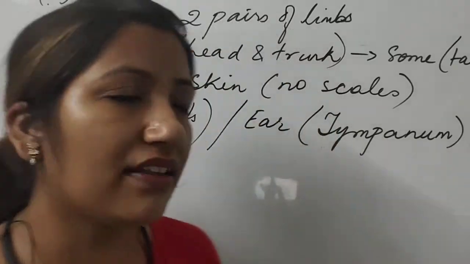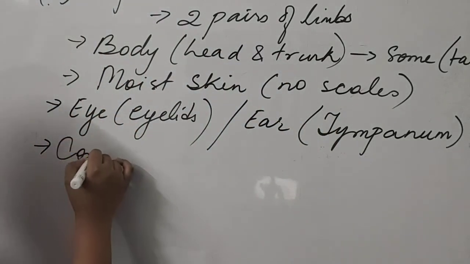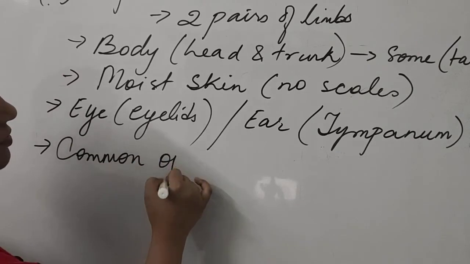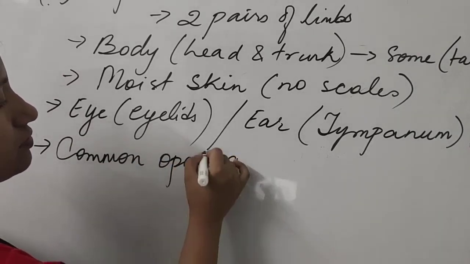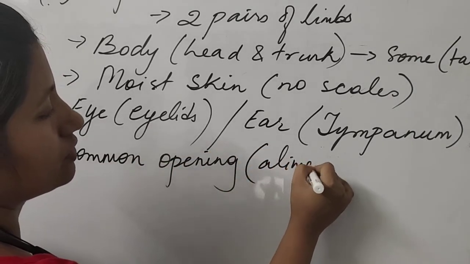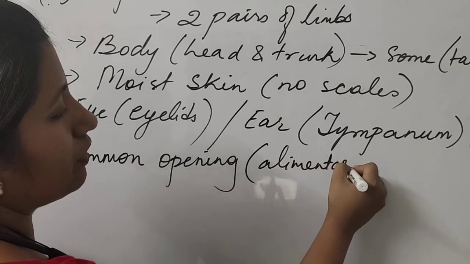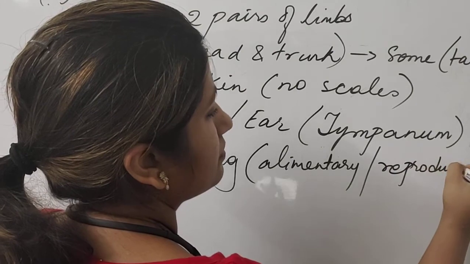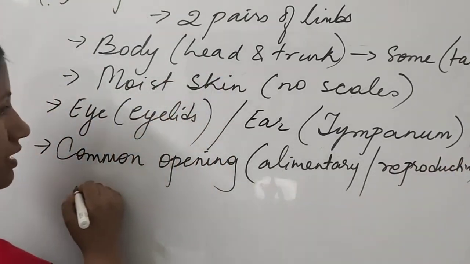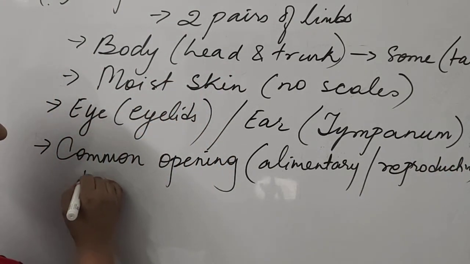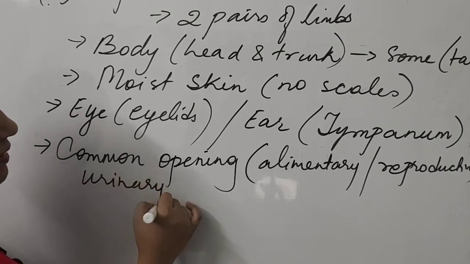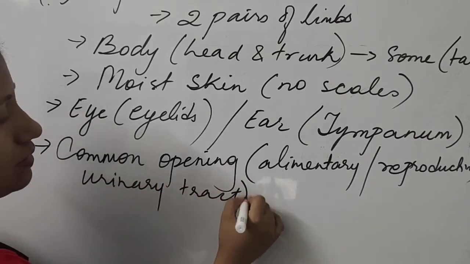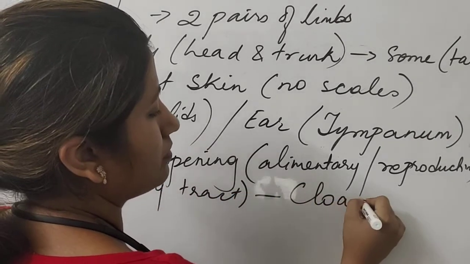But in amphibia they have one common opening for the alimentary tract, the reproductive tract and the urinary tract. That is known as cloaca.